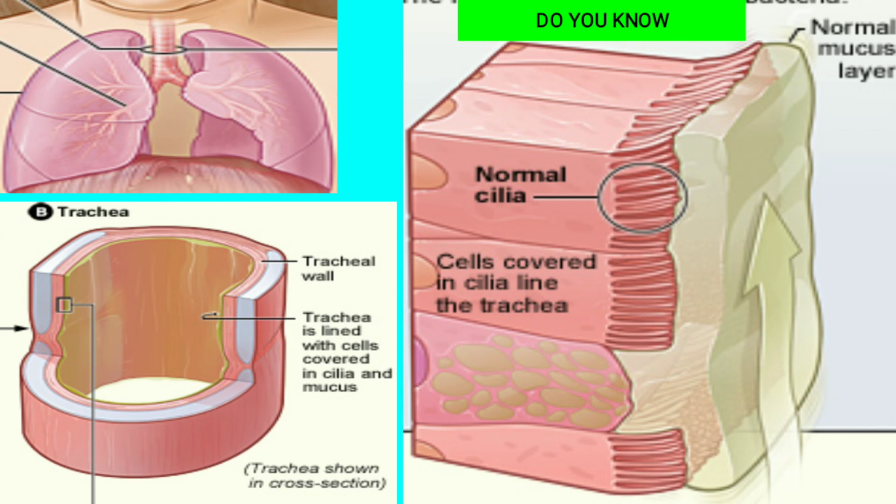So when air passes in, it carries dust particles, but these dust particles are stuck to the cilia. Can you see this hair-like structure? Here, all the dust particles are stuck, and it stops the dust particles from entering the lungs. And this is how cilia protects.